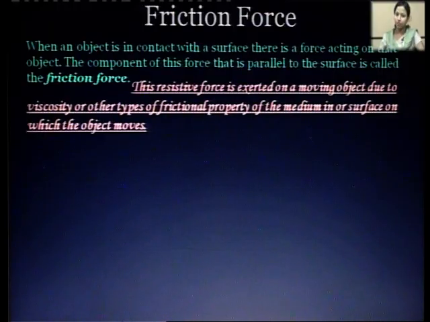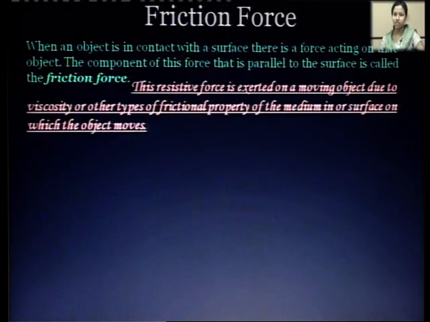This is a resistive force, the word resistive used because it is always in the opposite direction to the motion. If the body is going in the forward direction, then the force of friction is always in the opposite direction.